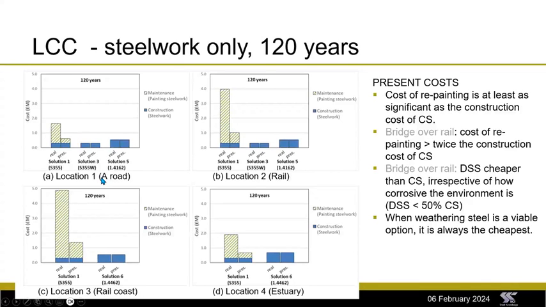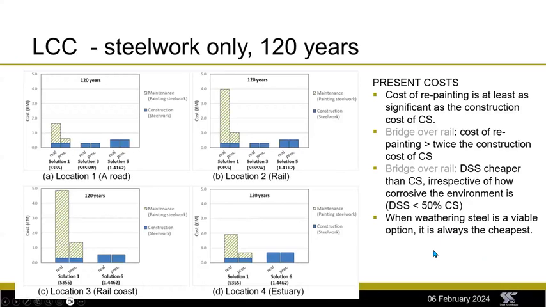So location 1 is here, and for location 1 and location 2, we included weathering steel, but for the location by the coast and the estuary, weathering steel wasn't suitable. So that's why we've only got 2 options. So location A and B was lean duplex, and location 3 and 4 was standard duplex.